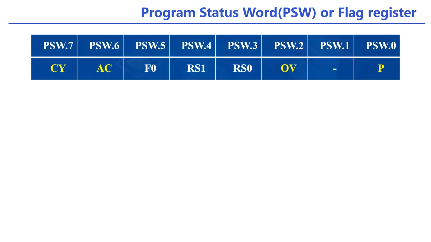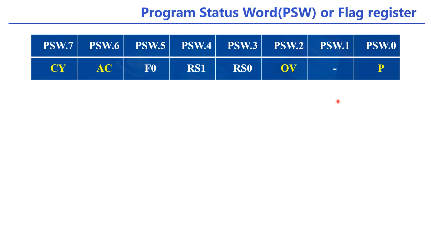Now, we will see the program status word, PSW, or flag register. We will see in detail this program status word. First of all, the program status word is an 8-bit register.